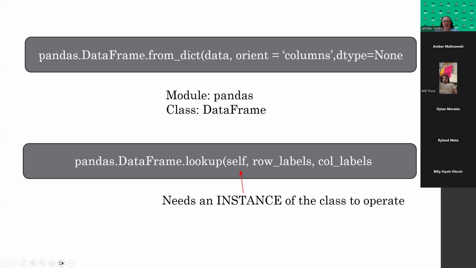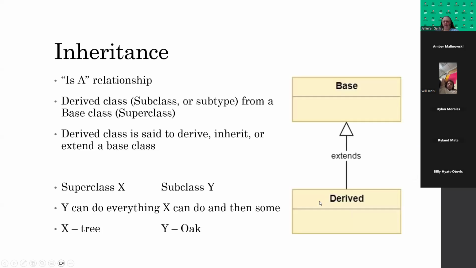So it's a lowercase module, p pandas, uppercase D class DataFrame. Okay. Now, when I do it this way, I do need an instance of self in order to operate. Okay. So just make sure that you use that self so that you can actually use it. Now, the top one didn't need one. Okay. But the bottom one will need an instance.